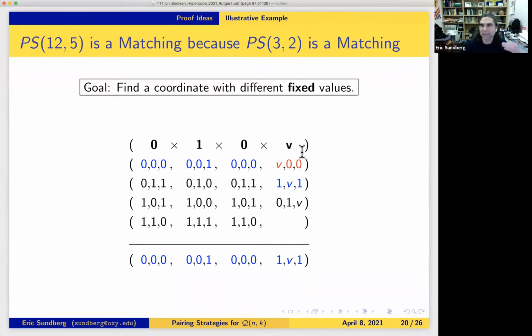Therefore, because PS32 is a matching, we're guaranteed that on these 3 coordinates there will be a coordinate where one of them has a 0 and the other has a 1, because these 3 edges right here form a matching themselves. If you pick 2 different edges from this little set of 3, there will be a coordinate where one of them has a 0 and the other has a 1.